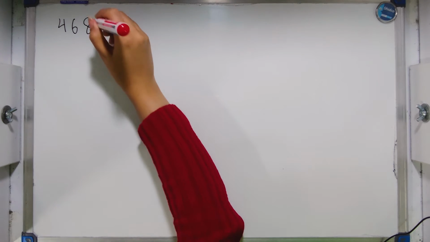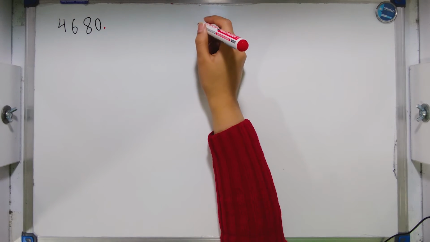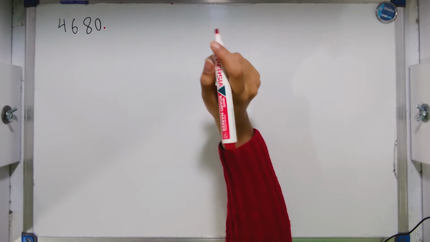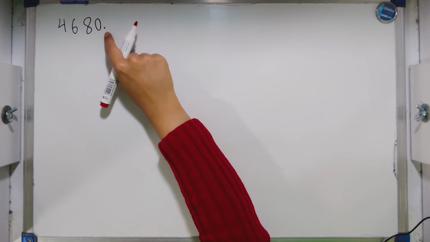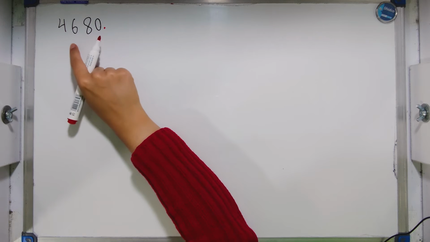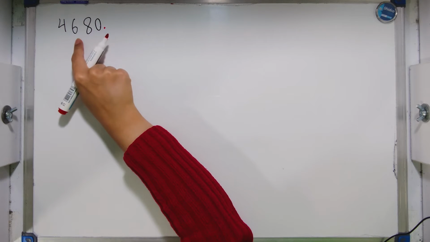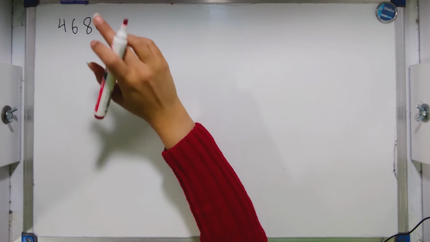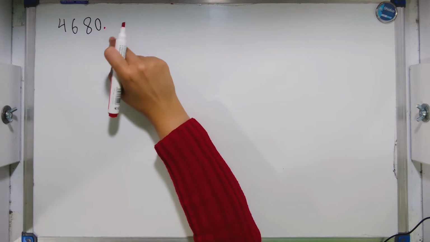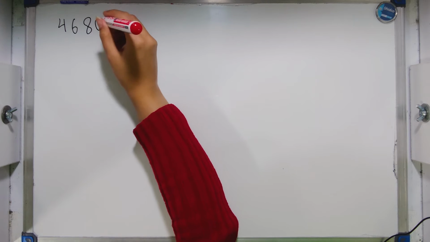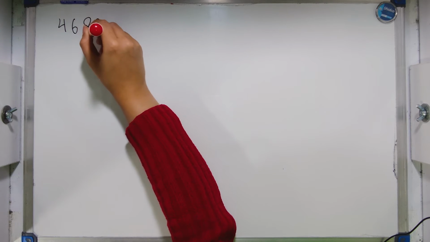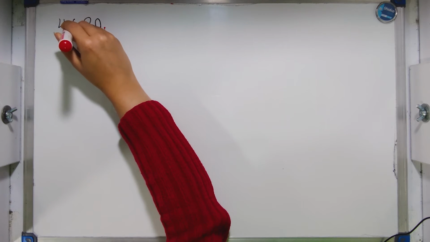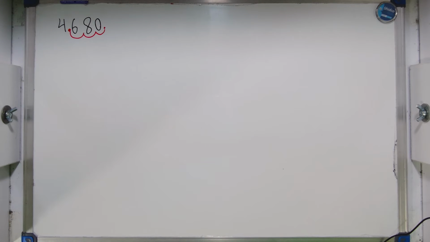So normally the decimal is here after the last digit. But for scientific notation, the point should be between the first two digits. Here it is 4 and 6. I have to move it 1, 2, 3, by 3 digits and put it here.